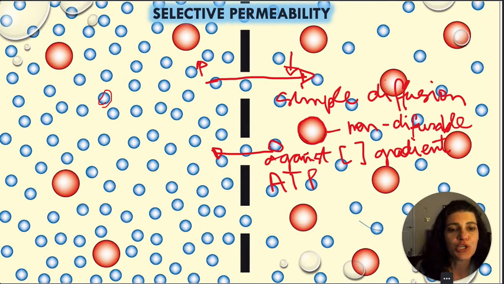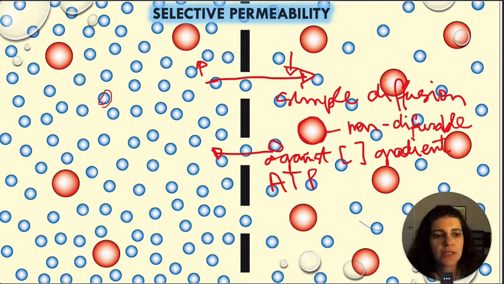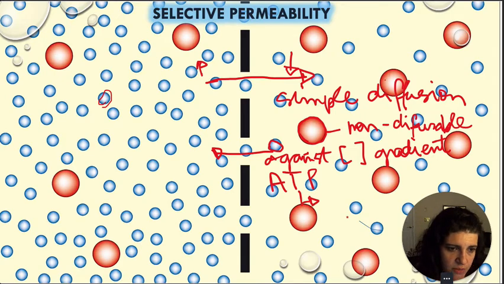But because you are moving sodium out of the cell where there's already a lot of sodium, that is called moving against the concentration gradient, which is when you use ATP to break down and generate energy. Okay, so the process where you go against the gradient and you need ATP is called active.